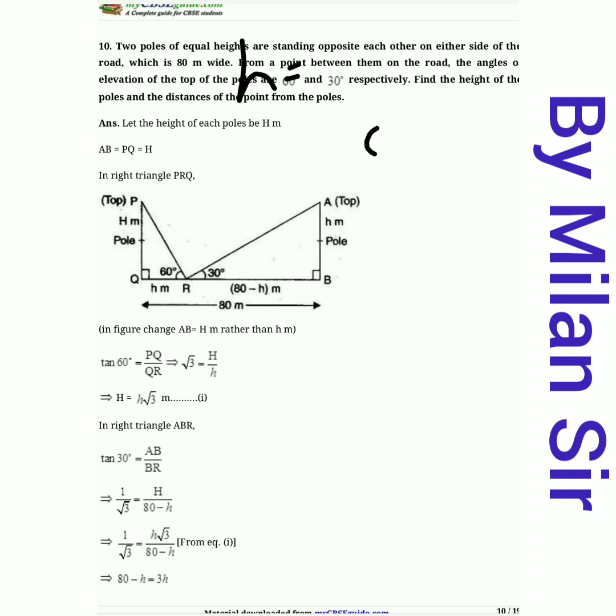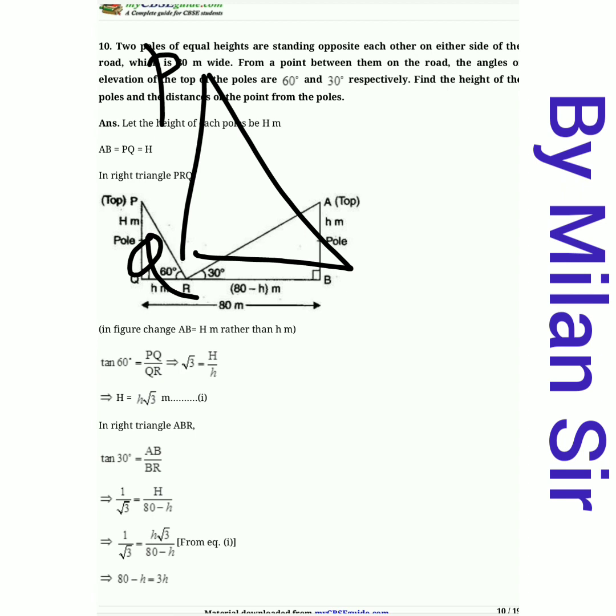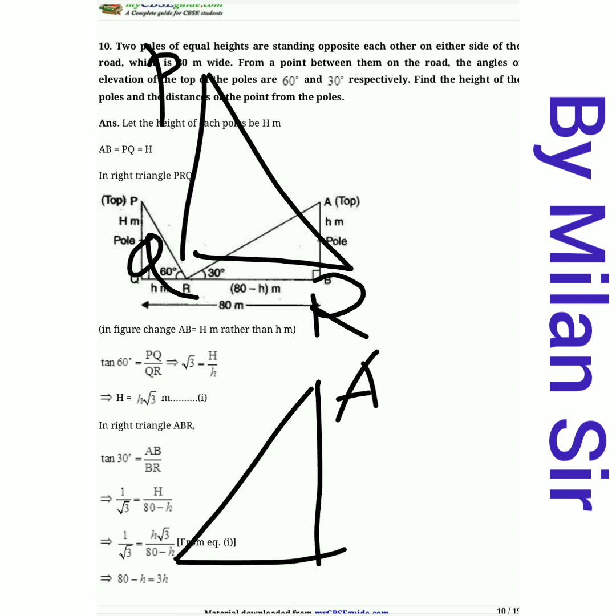Now in total we have two triangles. First one is PQR and second one is ABR. This is 30 degree. Here it is 60 degree.